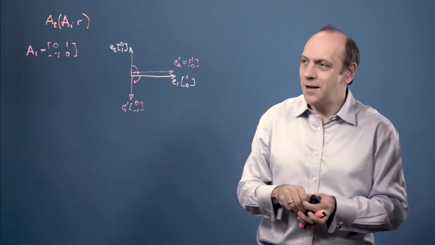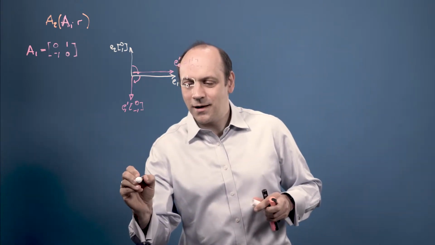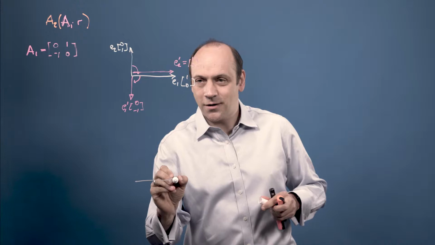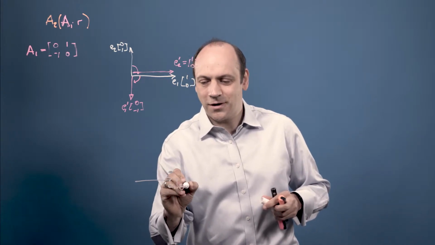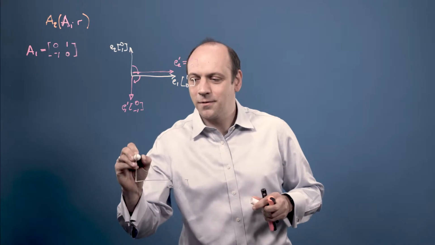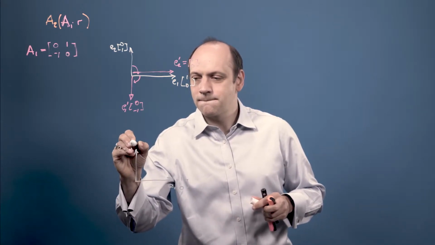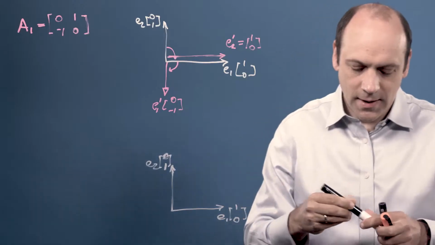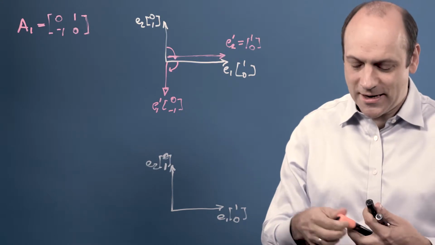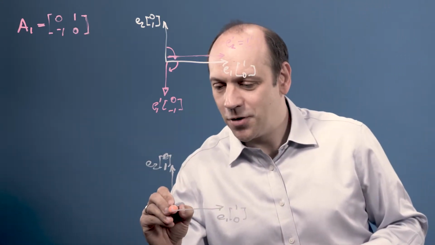So then we've got an overall A1, which describes a 90-degree rotation. Now, let's take another matrix, which also transforms our original basis vectors, our original E1 and E2. And let's say that is a mirror.